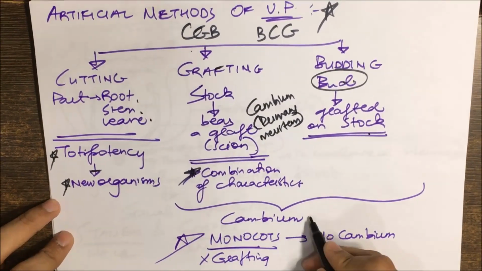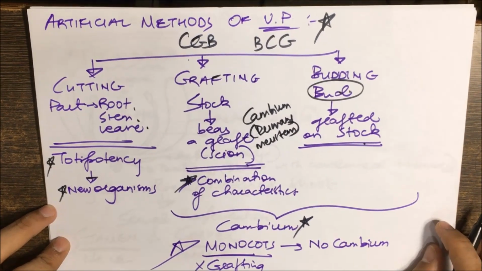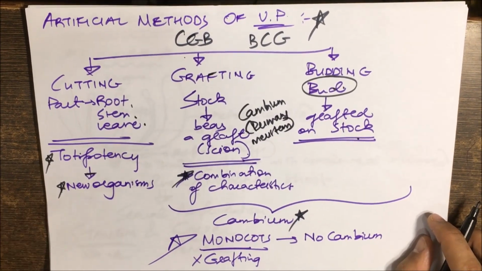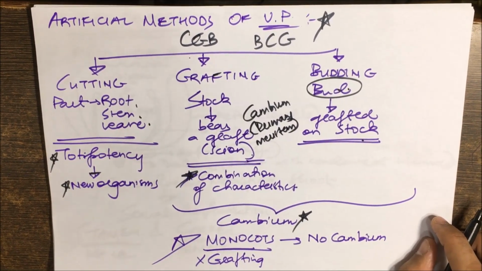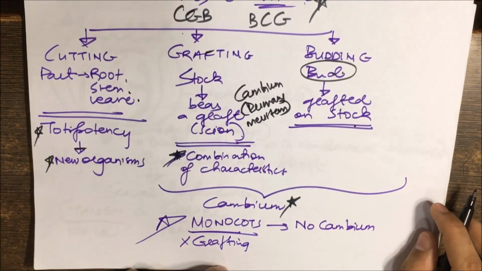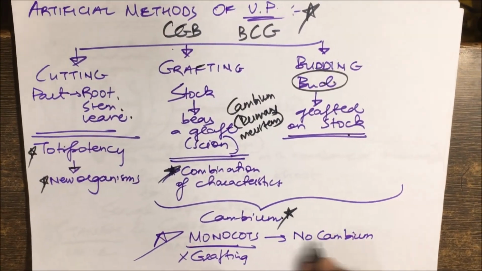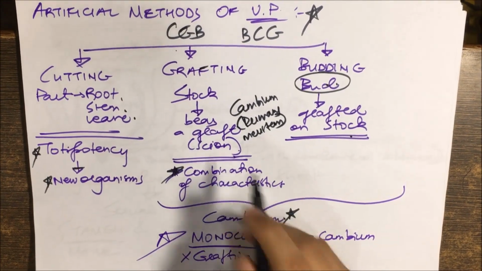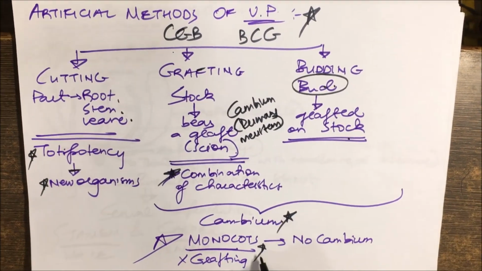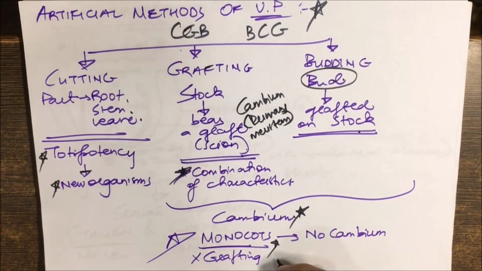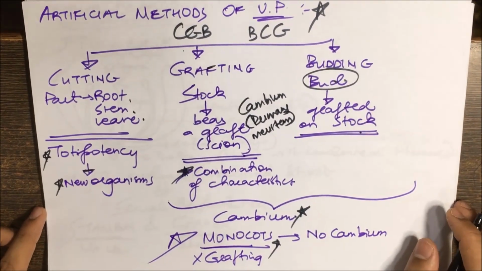In these two methods, the cambium plays an important role because it is important that the cambium of the two organisms merges and gives rise to a new organism. However, this cambium is not found in monocots, and thus grafting and budding are not possible in monocots. So these are the artificial methods of vegetative propagation.